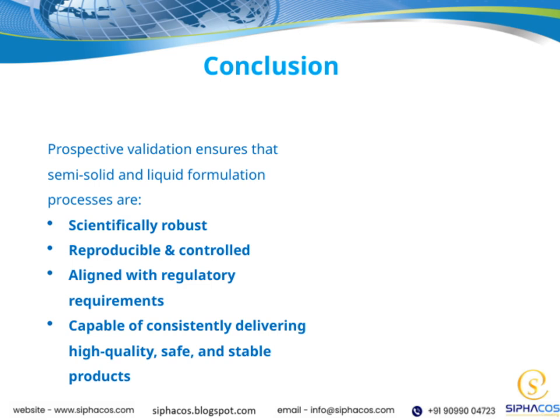Importantly, it aligns with regulatory requirements, helping us stay compliant and avoid issues down the line. Ultimately, prospective validation confirms that we can reliably deliver products that are safe, stable, and of the highest quality. So, in conclusion, implementing prospective validation is key to maintaining process integrity and product excellence throughout our development and manufacturing stages.